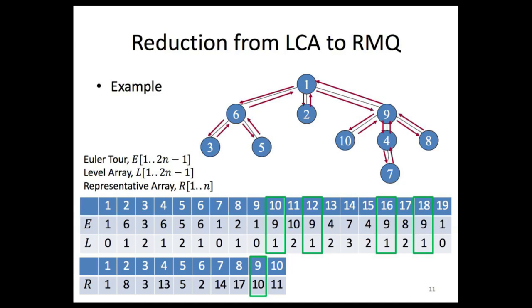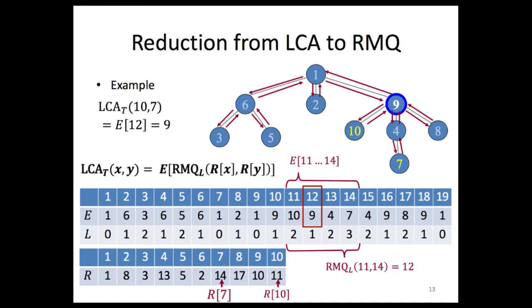So in this case, that's the expression. LCA of x and y, so in this case, I'm taking 10 and 7. We go to the representative array, and we figure out the first occurrences of 10 and 7, and it says it's at position 14 and 11.